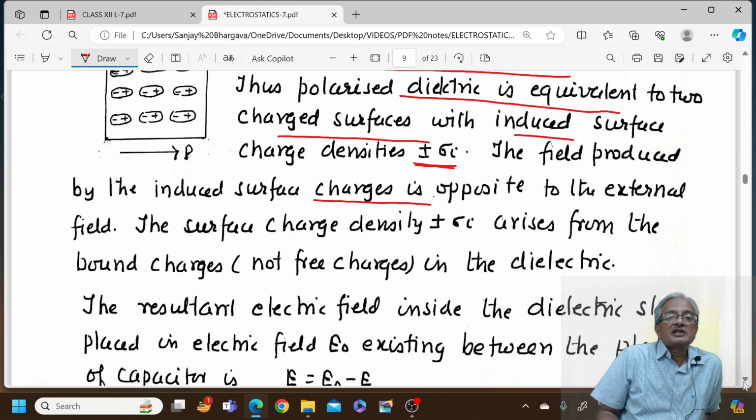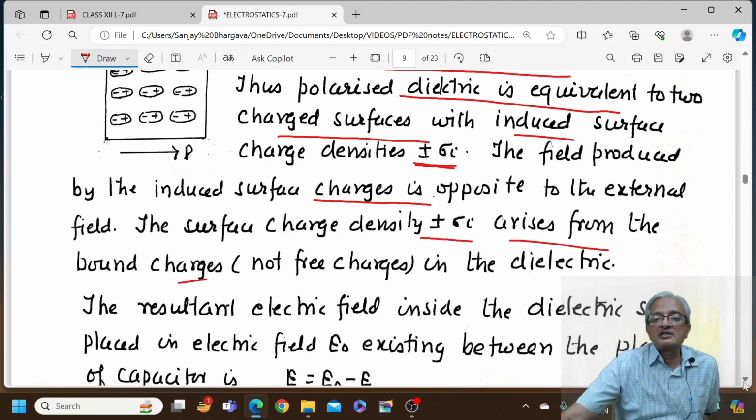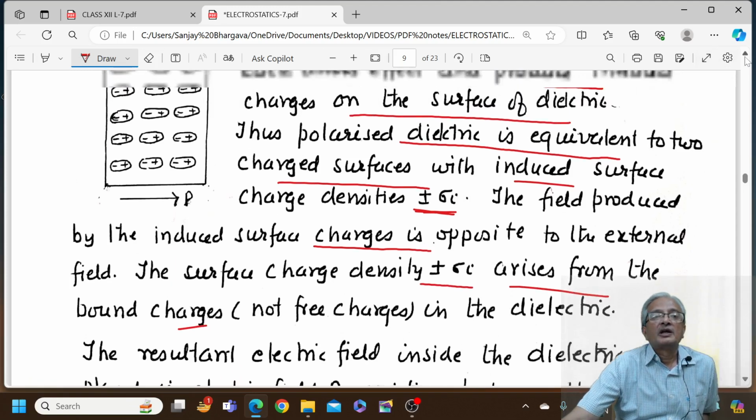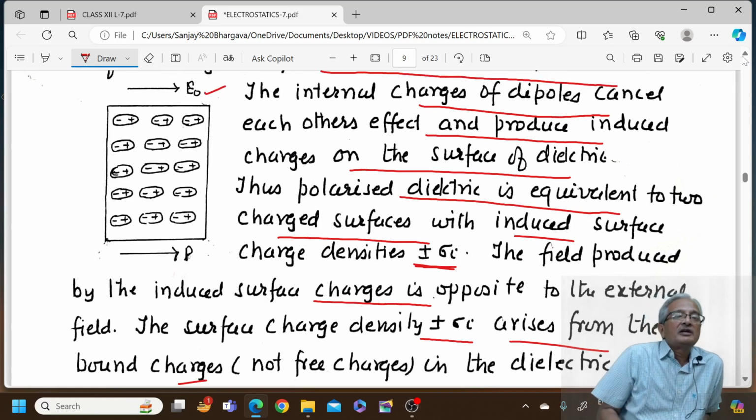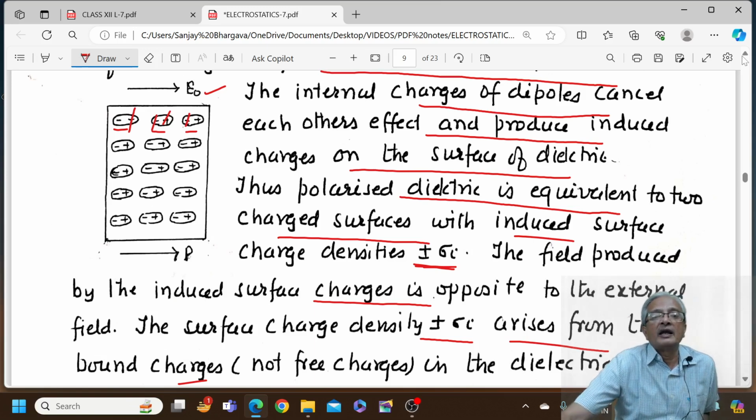The surface charge density plus minus sigma arises from the bound charges. Now just see what is being said. In the presence of an external electric field, induced dipole formation takes place. The inner charges cancel each other's effect, and only the charges on the surfaces of the dielectric remain, producing the surface charge densities plus minus sigma_i.